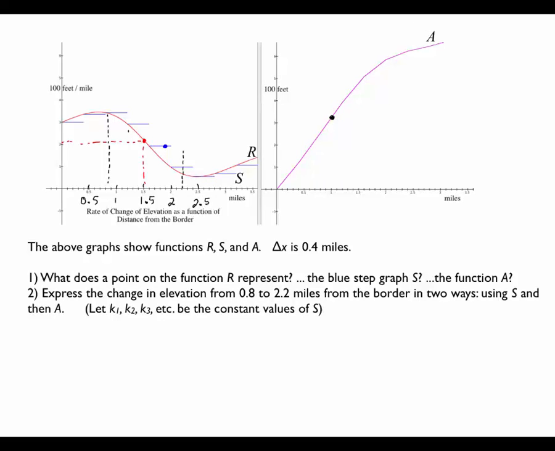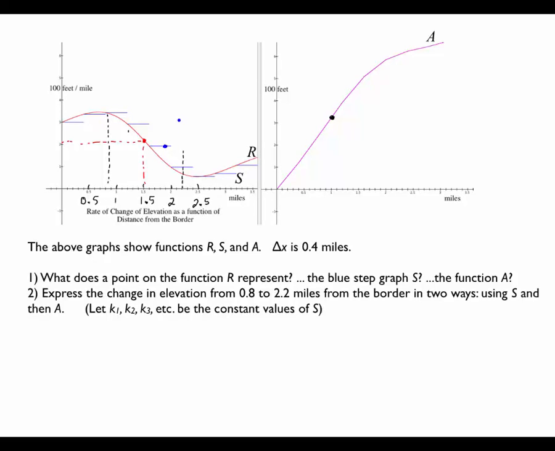Okay, what about the blue point? I'm showing here at about 1.8. So what does that blue point represent? A constant rate of change at a given interval. Okay, but still, the point is just for one particular x value, in this case about 1.8.